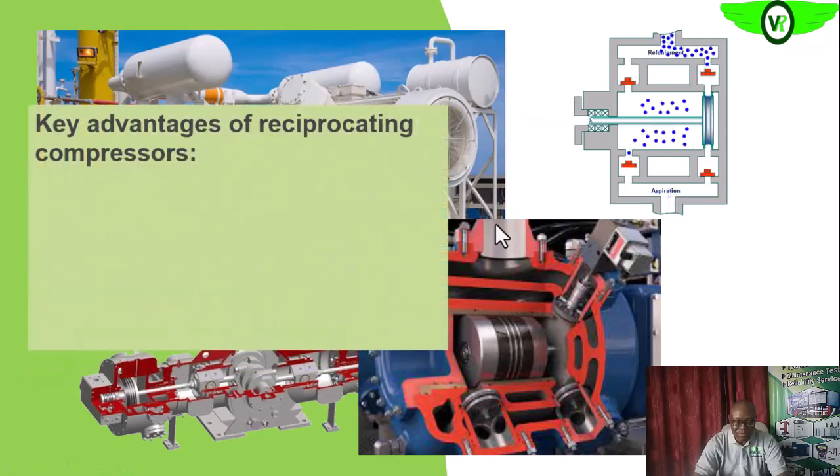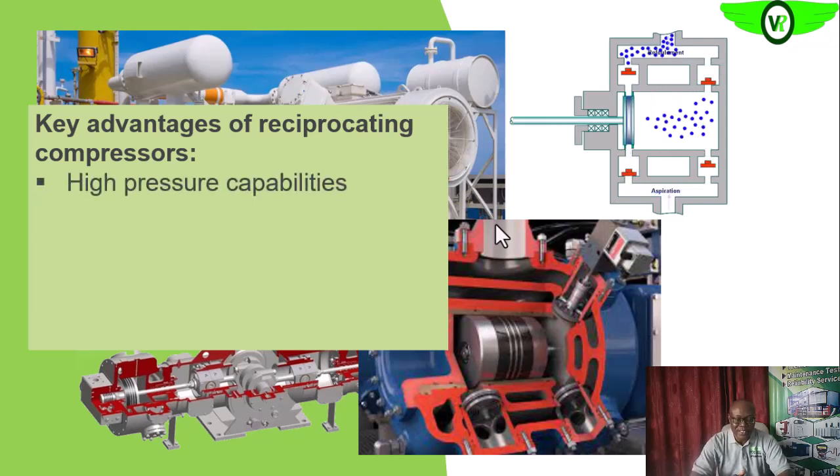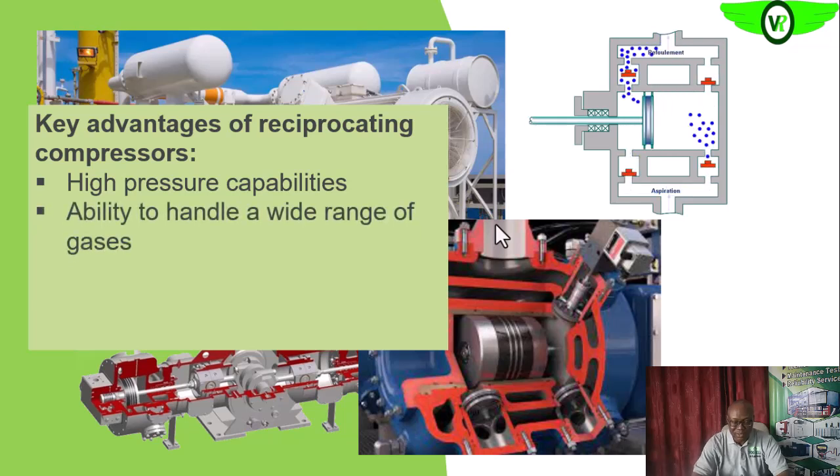So what are some of the key advantages of these types of compressor? One, it has a very high pressure capability, so it could be used in high pressure environments where you actually need high pressure. Then it has the ability of handling a very wide range of gases.